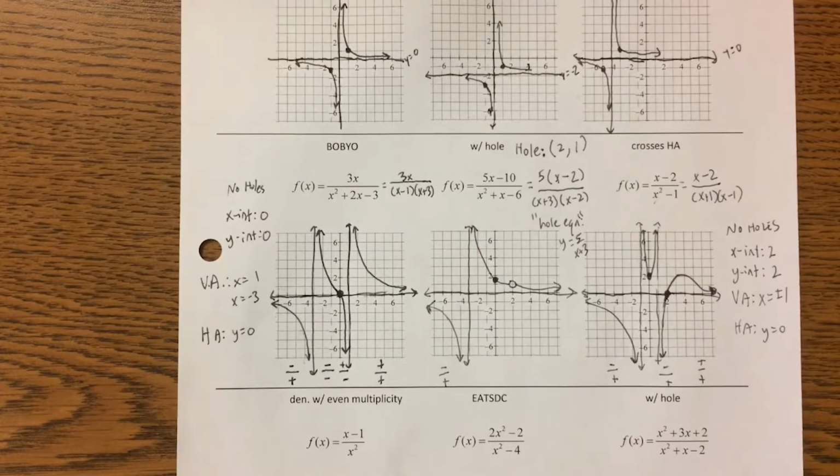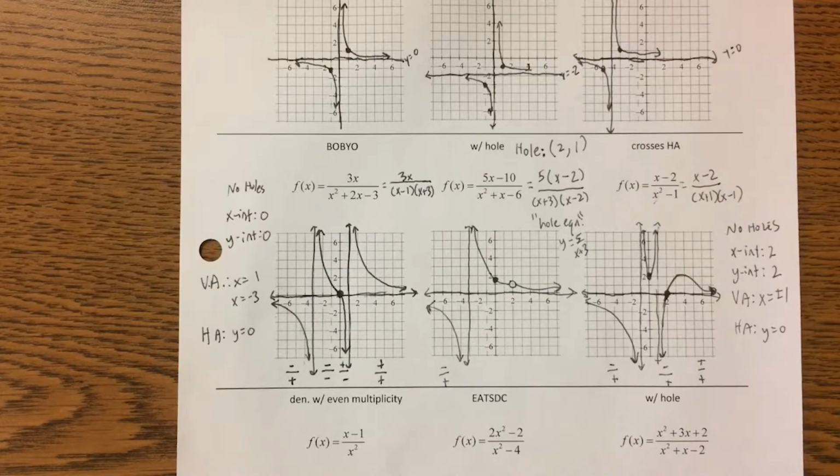If your denominator has an even multiplicity, so you have a vertical asymptote that basically happens twice, then the graph is going to approach the same direction. They'll both go down, and the sign will not change, just like the sign doesn't change when you hit an x-intercept that has an even multiplicity.